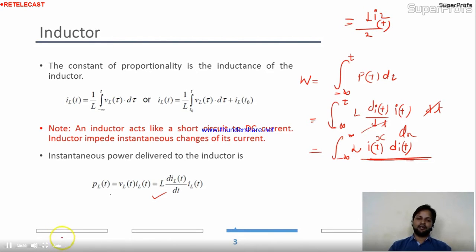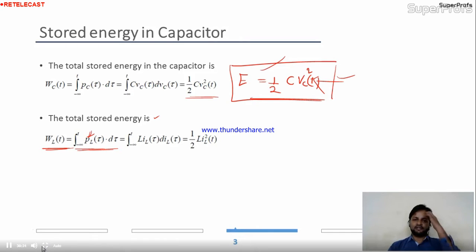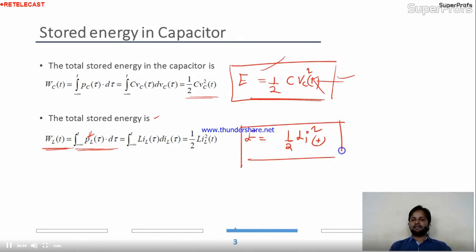This is time dependent. So here you can see the formula is given half L i square. So in the case of inductor the energy is half L i square. If i is time dependent, then this energy is given at any instant of the time. Is it okay to you?